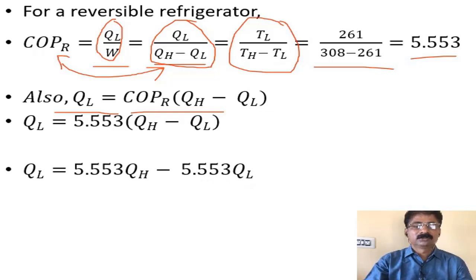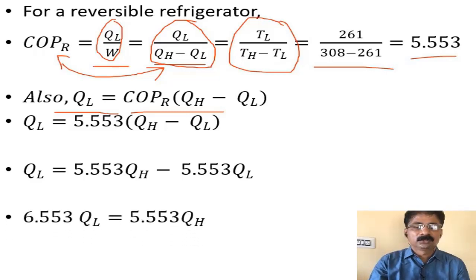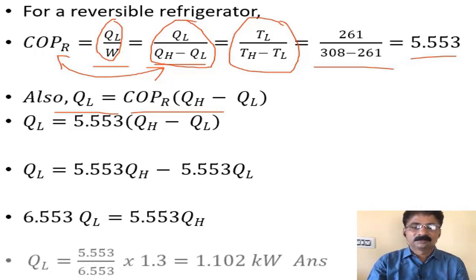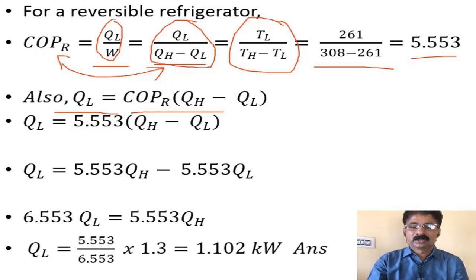So you substitute QL is equal to 5.553 open the bracket QH minus 5.553 QL. Take QL to one side, so it becomes 6.553 QL is equal to 5.553 QH, and QL you will get as 1.102 kilowatt. So that is what is asked and that is what we calculated.